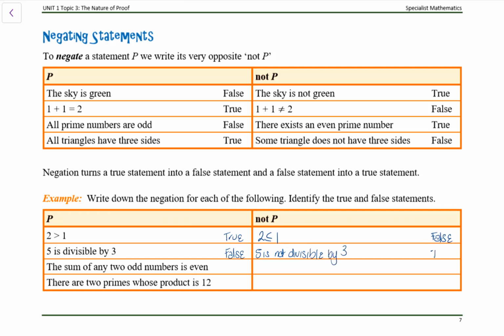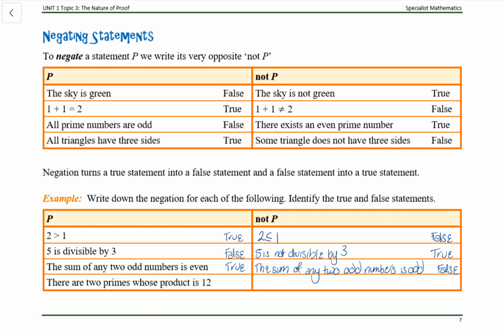And that would be true. The sum of any two odd numbers is even would be true, and the negation of that would be the sum of any two odd numbers is odd, and that would be false.